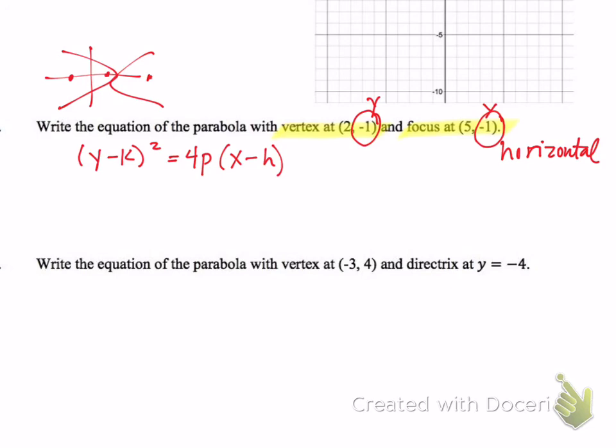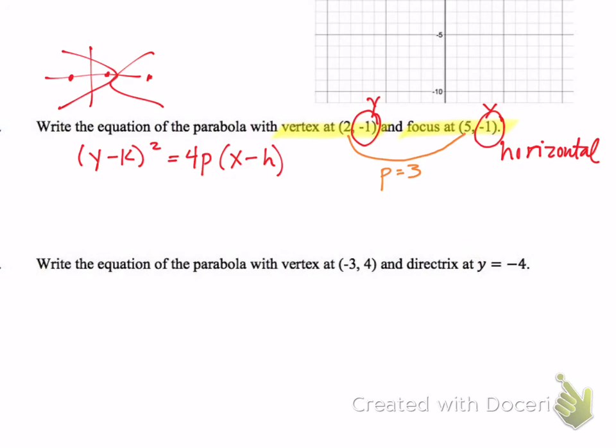It gives me the vertex, so that's h and k, and I can go ahead and fill that in. Then for my focus, I know the distance from my vertex to my focus is how many points? If I'm going from 2 to 5, 3 points. So then my p equals 3, because p is your distance from vertex to focus.